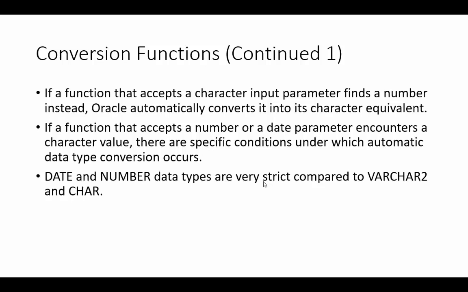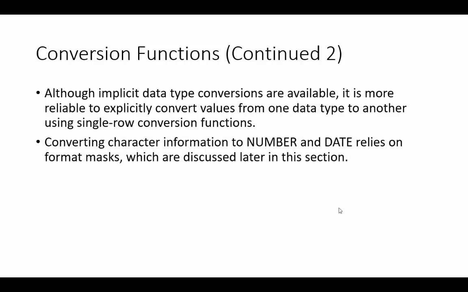Date and number data types are very strict compared to varchar and char data types. Although implicit data type conversions are available, it is more reliable to explicitly convert values from one data type to another using single row conversion functions. Converting character information to number and date relies on format masks, which are discussed later in this section.